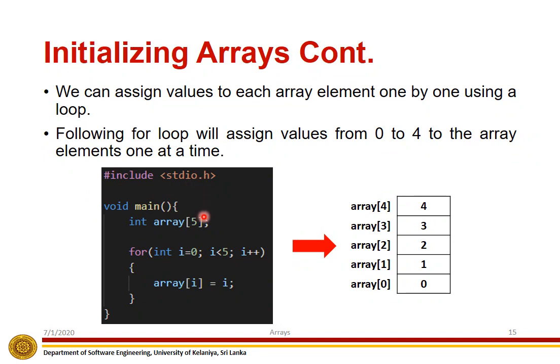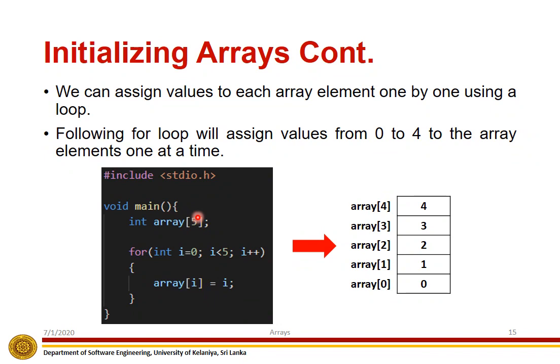Then inside the main function I have declared an array, int array 5. Here the array name is also array. For int i equals 0, i is less than 5, i plus plus. So the array element has to be assigned i for the ith index.